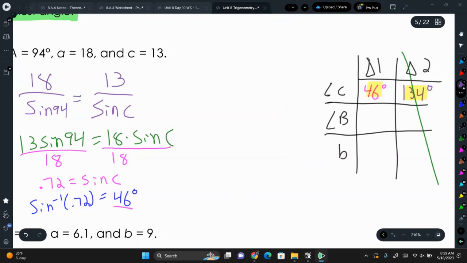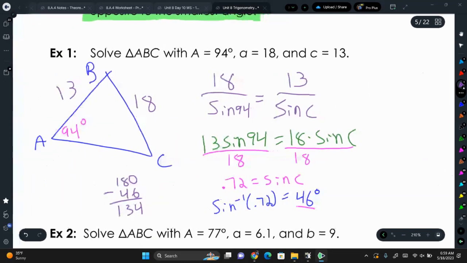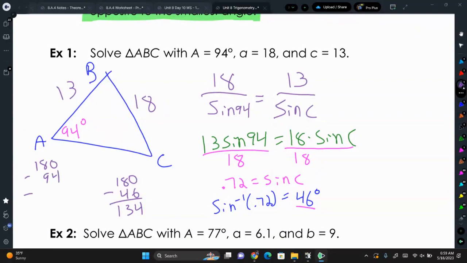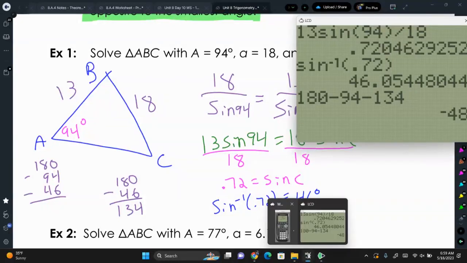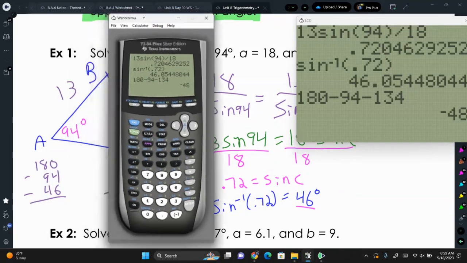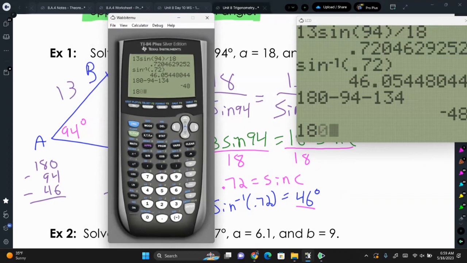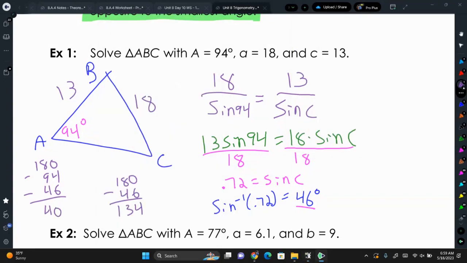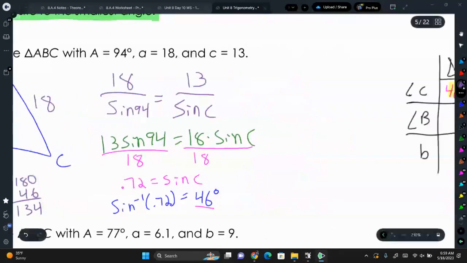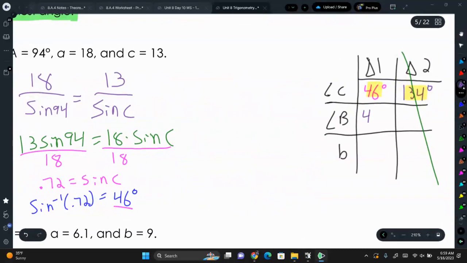Now we need to figure out angle B. The angle given was 94, and we figured out the other one was 46 degrees. If we type this into our calculator, 180 minus 94 minus 46, we get 40. So our remaining angle must be 40 degrees.